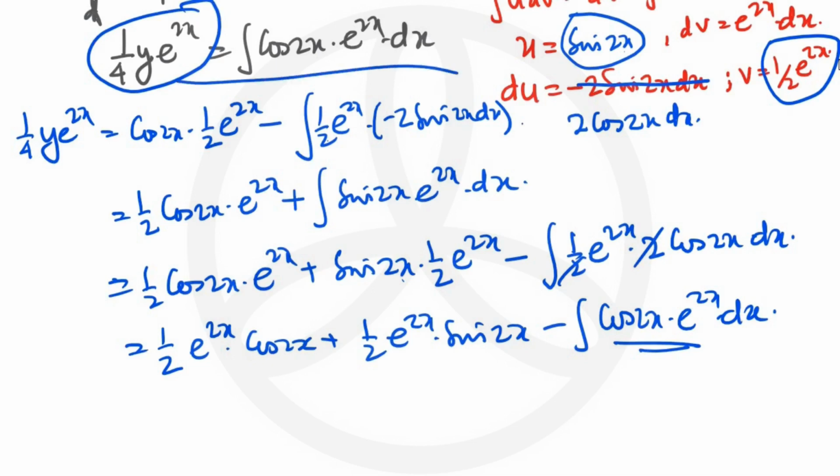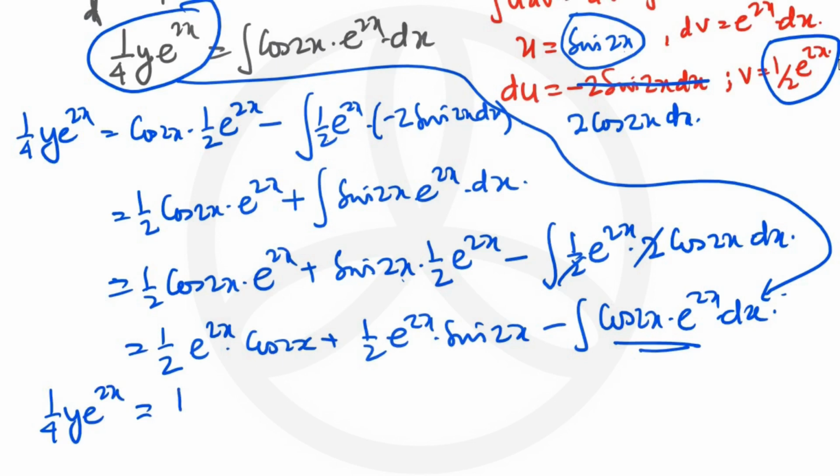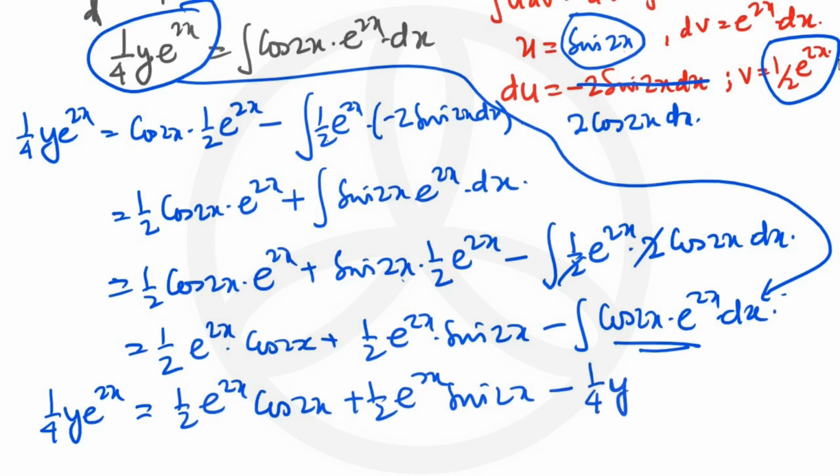So we can substitute this directly here, and it will become 1/4 y e to the power 2x, half of e to the power 2x cos 2x plus half e to the power 2x sin 2x, and this directly we can write 1/4 y e to the power 2x.